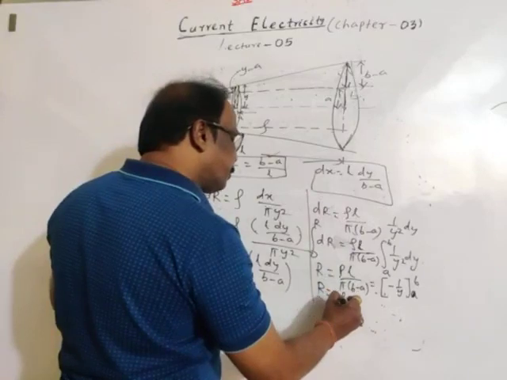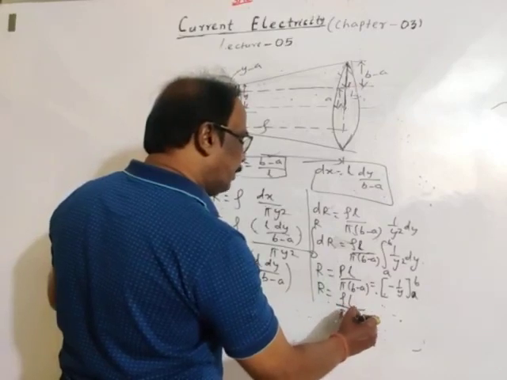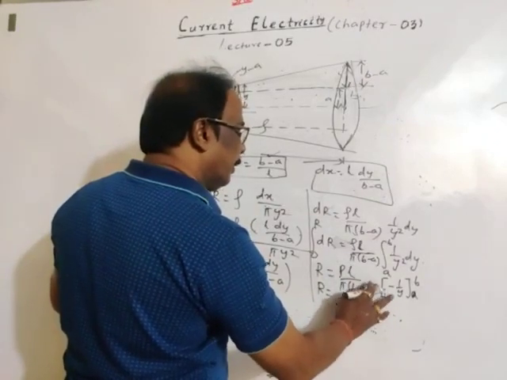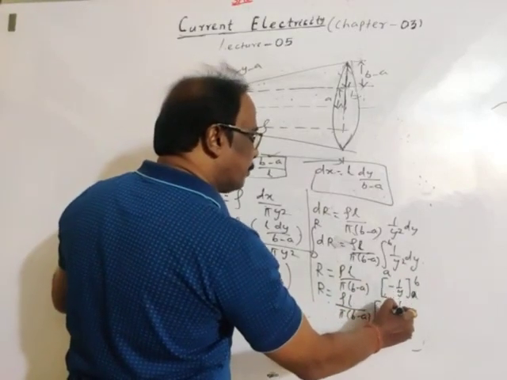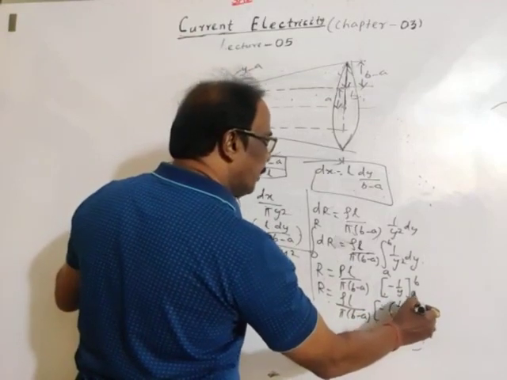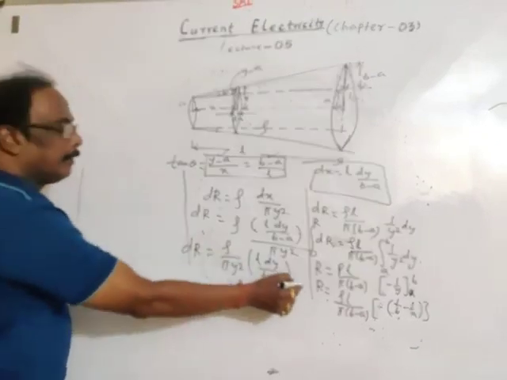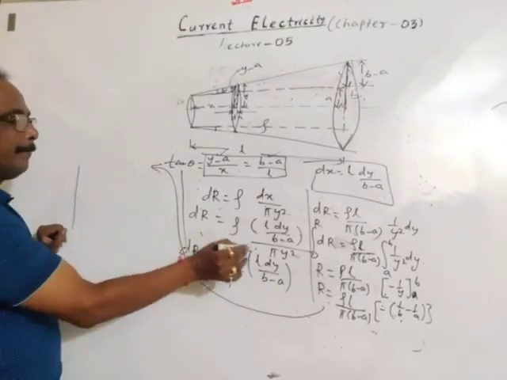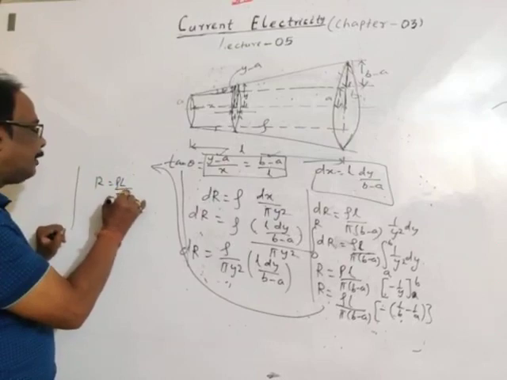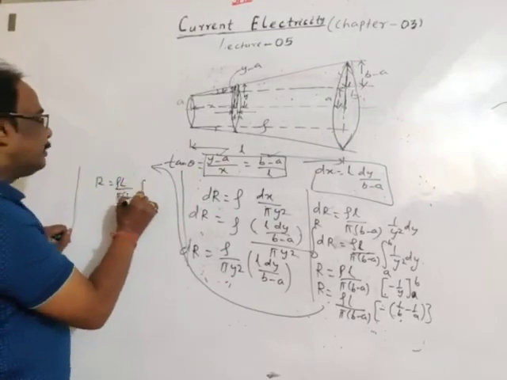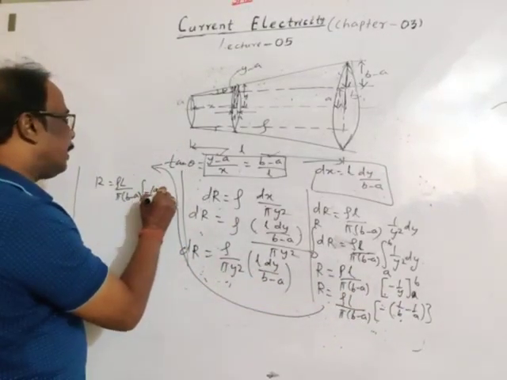Then resistance is rho L divided by pi into b minus a. Now put the limits. Put the negative sign outside: 1 by b minus 1 by a. Now I'll solve it on this side. Resistance is equal to rho L divided by pi into b minus a, then inside the bracket, minus 1 by b minus 1 by a means a minus b by ab.